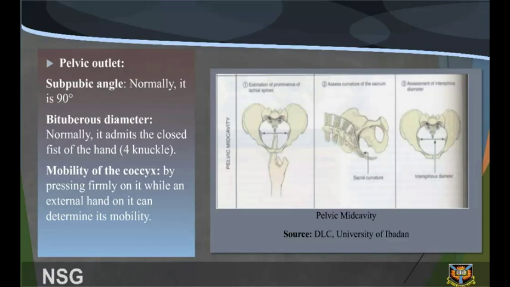Pelvic outlet. Subpubic angle. Normally it is 90 degrees. Bituberous diameter. Normally it admits the closed fist of the hand. Mobility of the coccyx. By pressing firmly on it while an external hand is on it, one can determine its mobility.